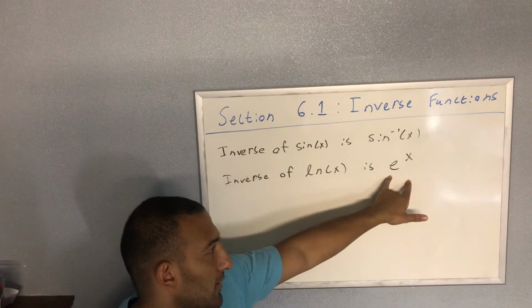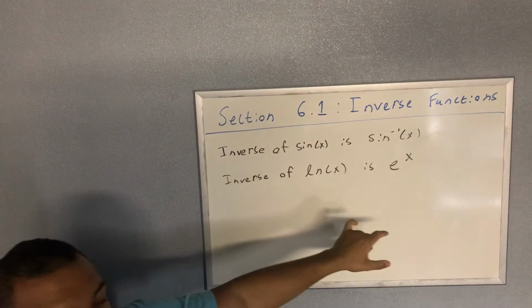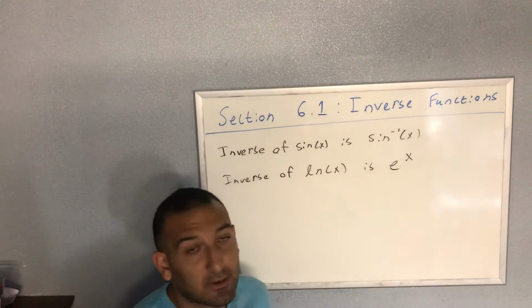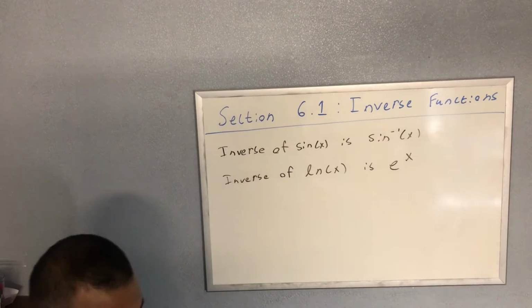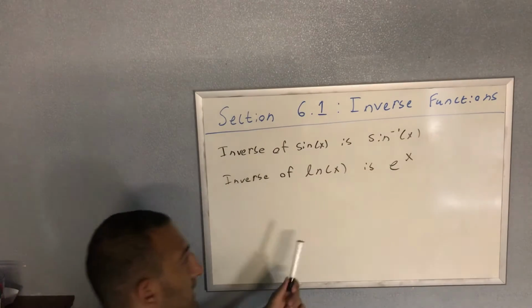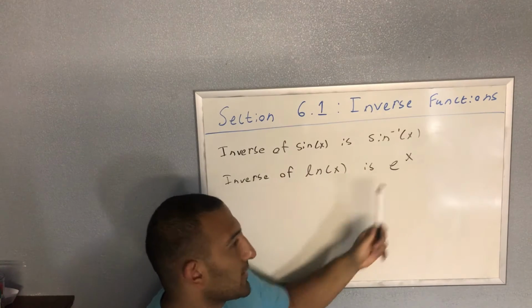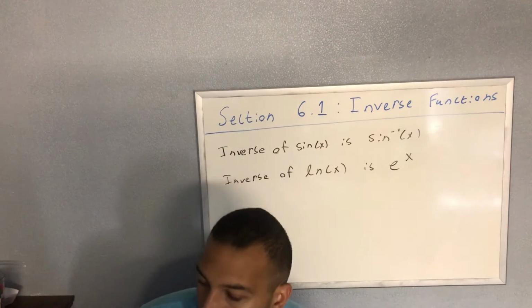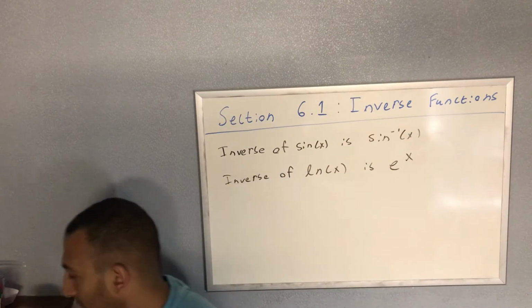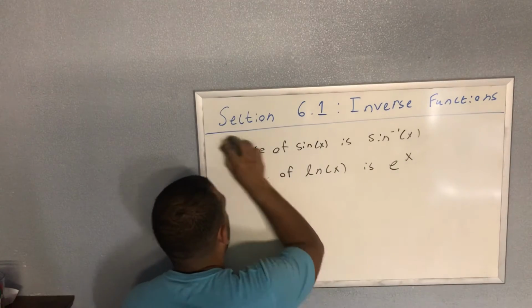And some would argue, and I would agree, that this function is the most important function in all of mathematics, or at least many branches of mathematics. And so we'd like to know what the derivative and integral of this is, and things like that. So to do this, we need to first talk about what inverse functions are in general, and then we can move on from there.